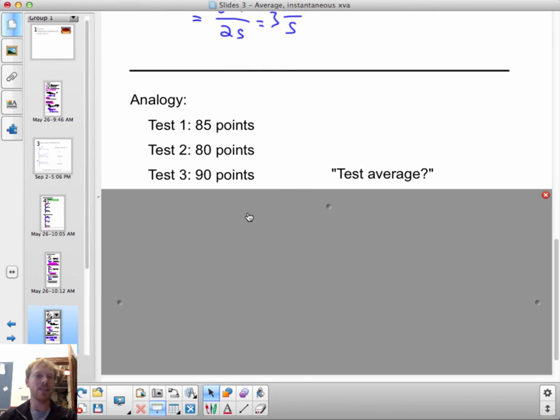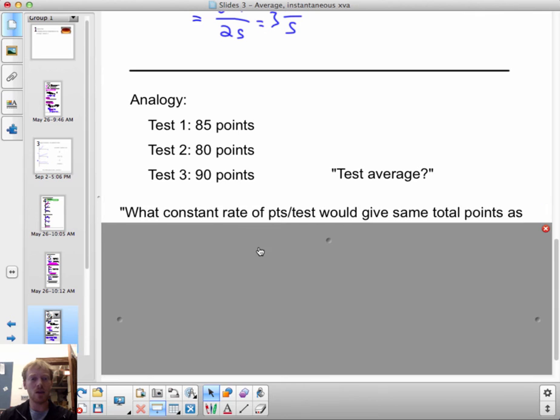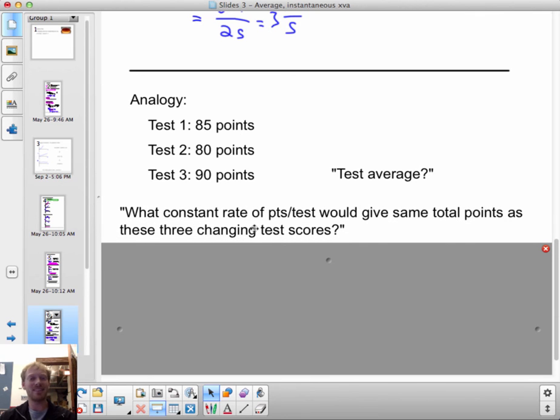Here's an analogy. If you have 3 tests and you get an 85, an 80, and a 90, what is your test average? Well, more than the answer, I want to focus on what that question means. What the question means is what constant rate of points per test would have given you the same total amount of points as these 3 varying points per test.